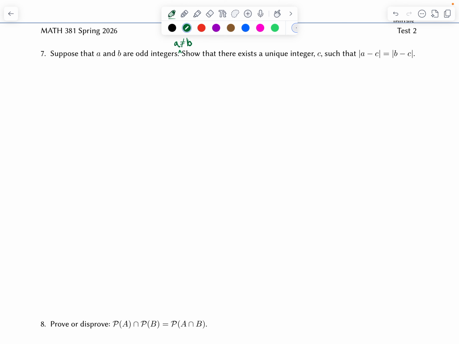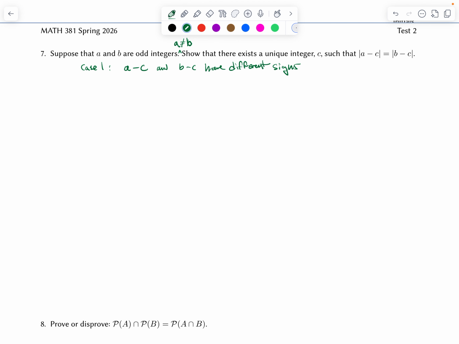First things first, we have cases. Case 1 is that a minus c and b minus c have different signs.